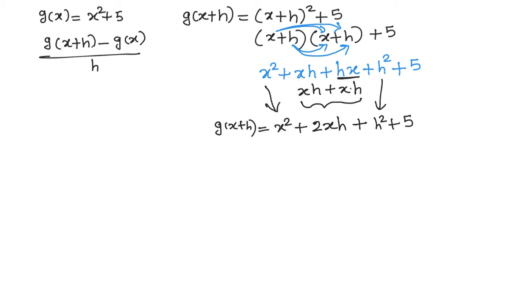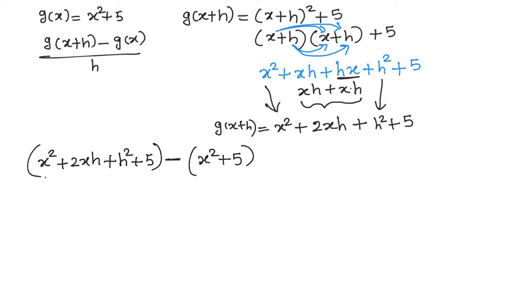So now I'm going to replace this with this value. So that will be x square plus 2xh plus h square plus 5 minus, so this whole thing is g of x plus h, and now I'm going to write minus g of x, that is x square plus 5, whole divided by h.